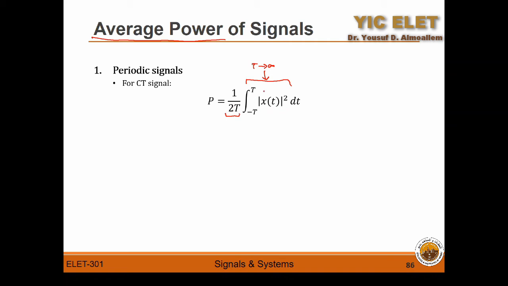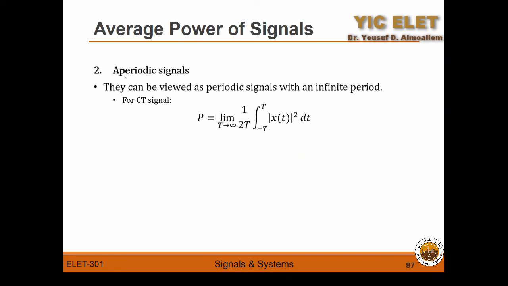We just get the period and do the integration for one full period and then divide it by that period for continuous time, and similarly for discrete time, replacing the integration by summation.